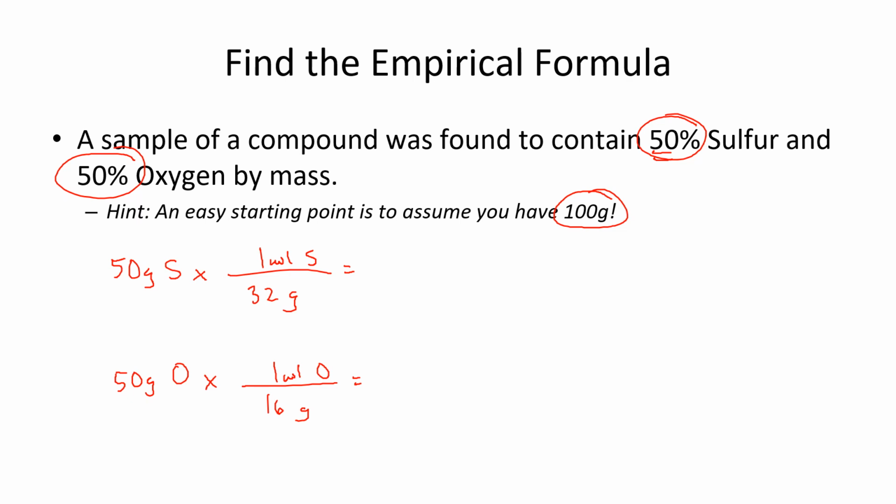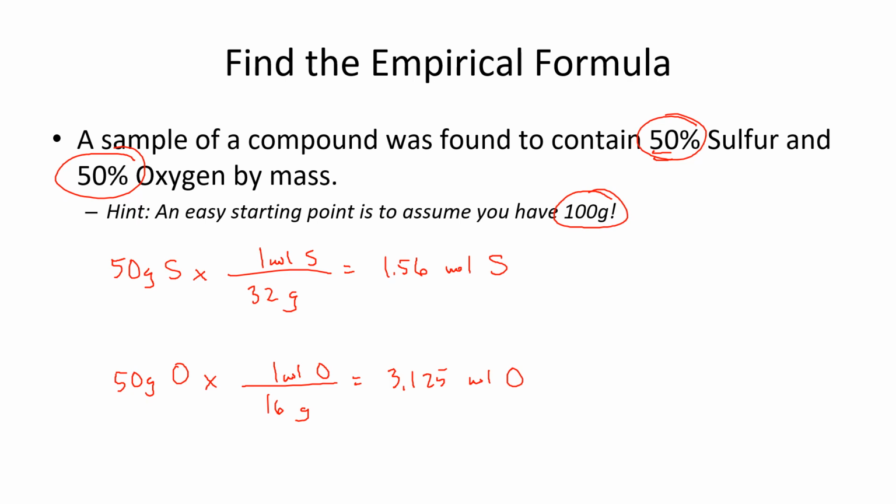So 50 divided by 32 is 1.56 moles. And same thing here, 50 divided by 16 is 3.125 moles. You can keep lots of digits here. We're not worried about the quantities until the end, which we're going to round off to nice whole number ratios. So this is moles of sulfur, this is moles of oxygen.